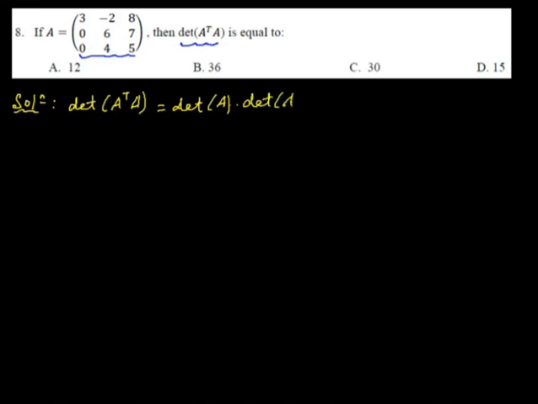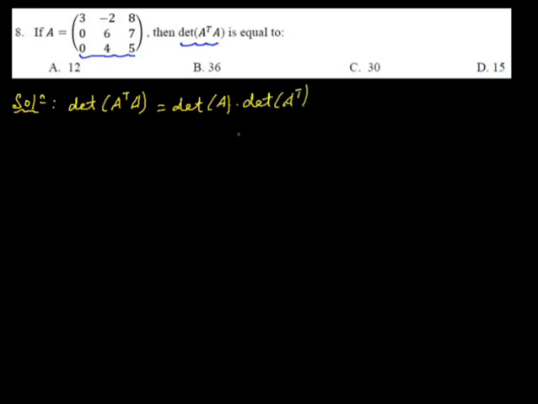If A is a certain 3 by 3 matrix, then what is the determinant of A transpose times A? So here the question is the determinant of A transpose times A, which is the same as the determinant of A times the determinant of A transpose.